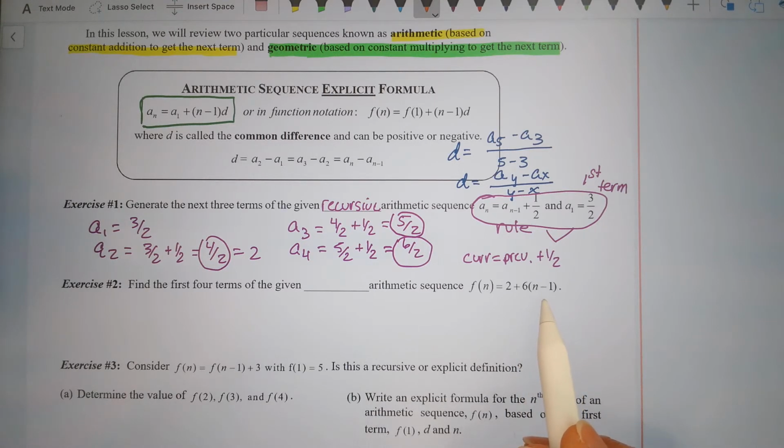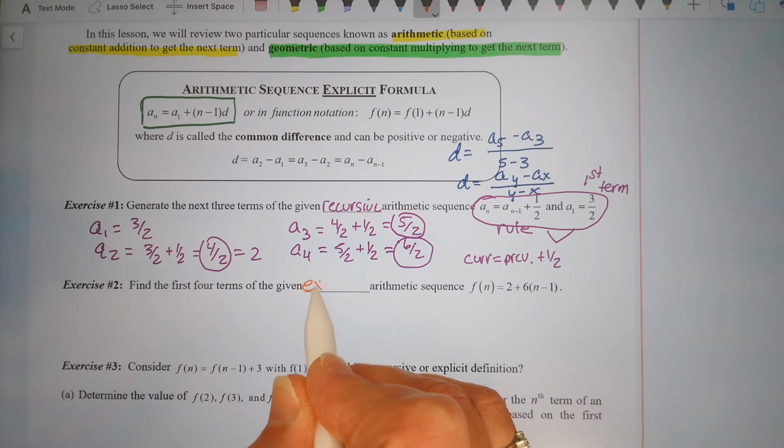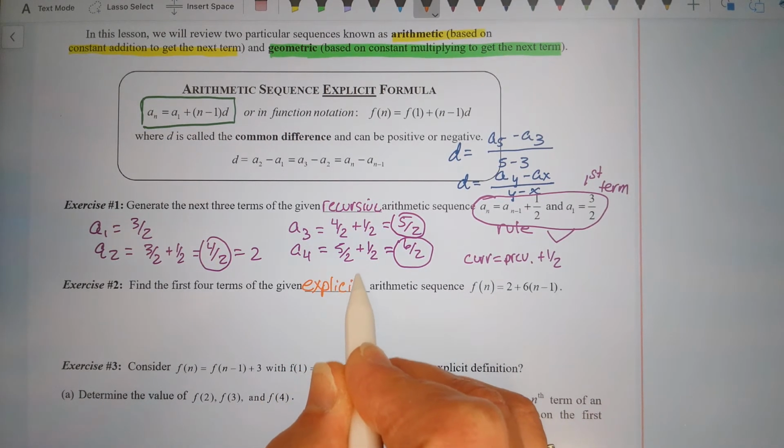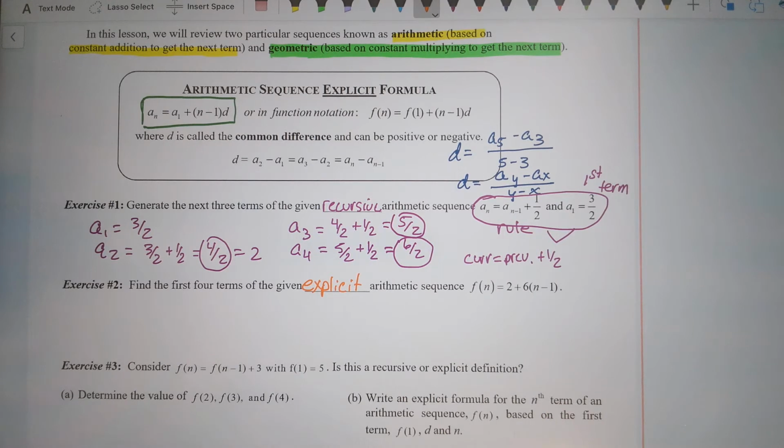Even though n minus 1 is there, it's not preceded by an f. So this is an explicit arithmetic sequence.